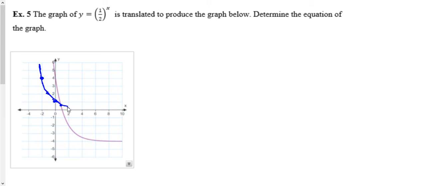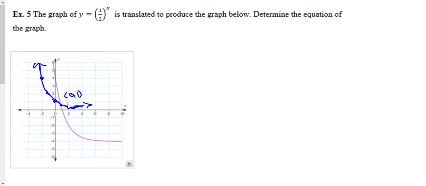It should look like this for our original graph. Of course, arrowhead, arrowhead. So really, I'm going to pull out some coordinates that I think I can read. So I see 0, 1 on the y-intercept there.